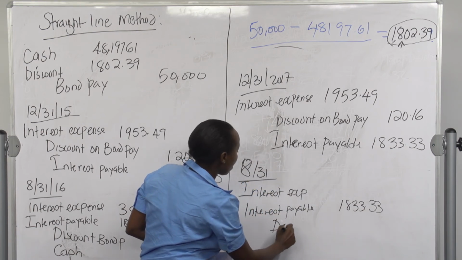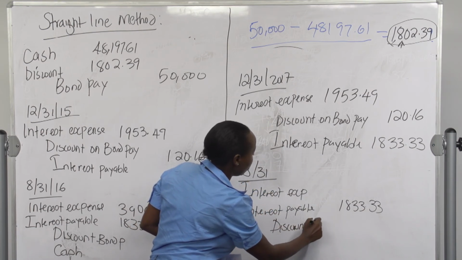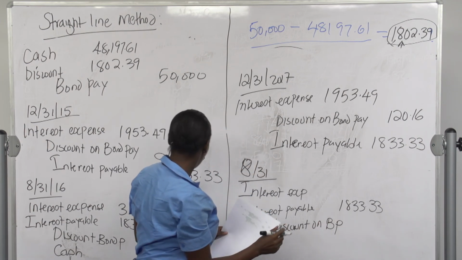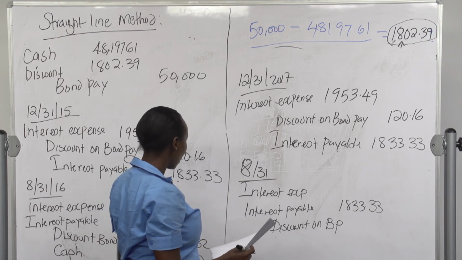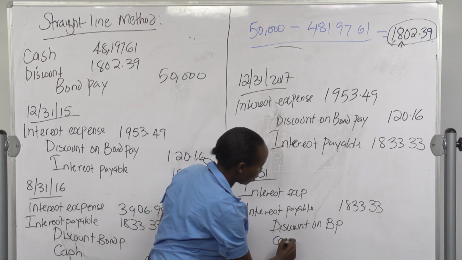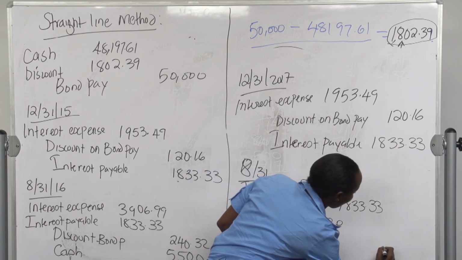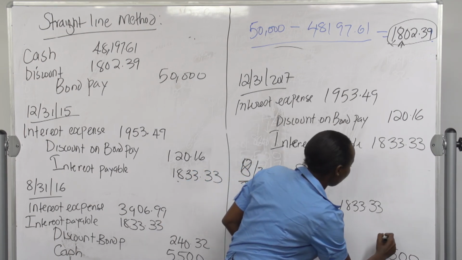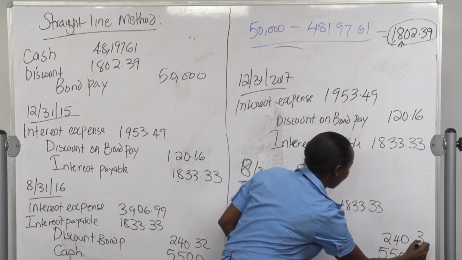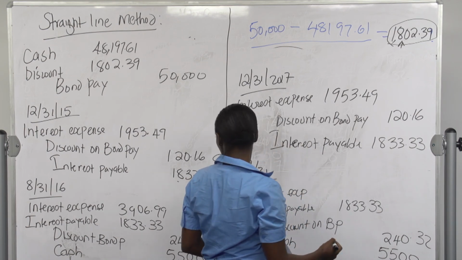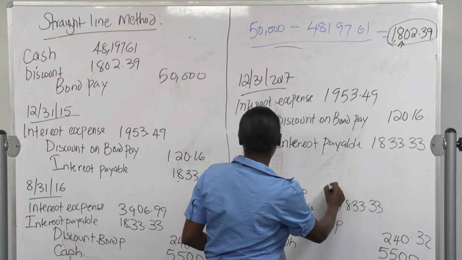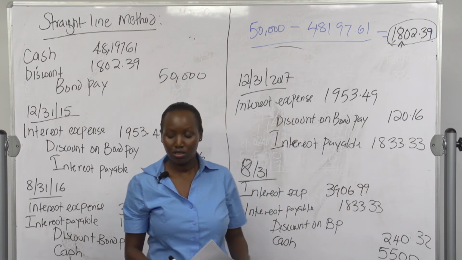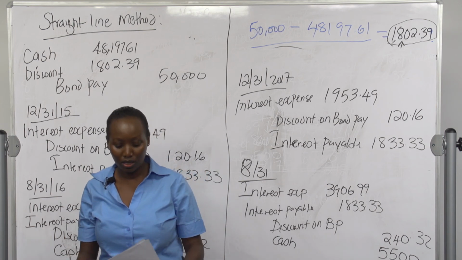We'll have our discount on bond payable, and we also have our cash that we're paying out again. So every August we're doing the same thing. We have $5,500, and the discount on bond payable is $240.32. That makes our interest expense $3,906.99.